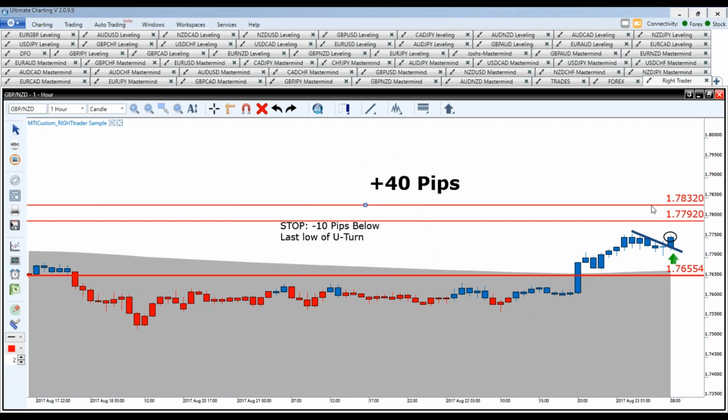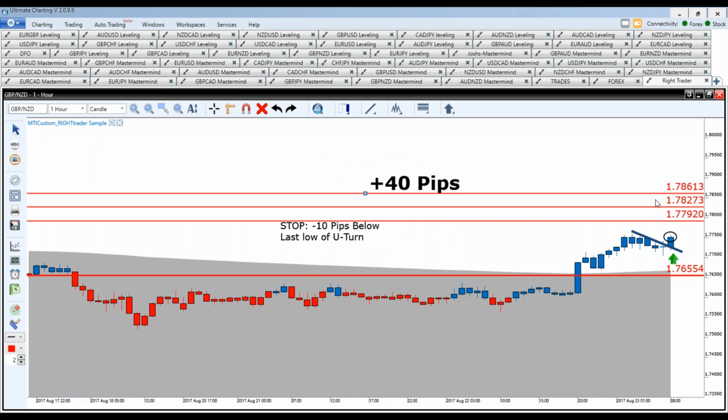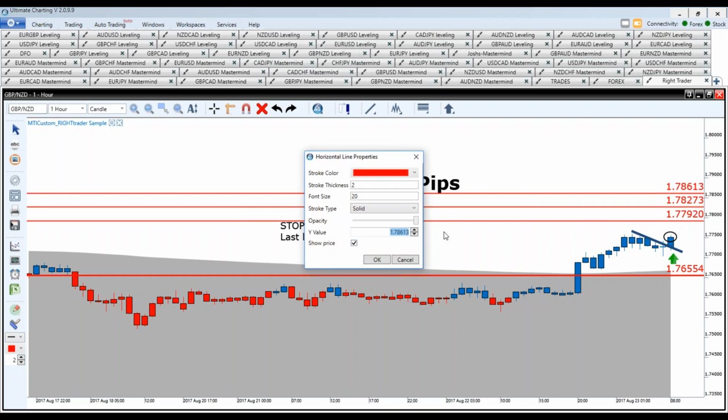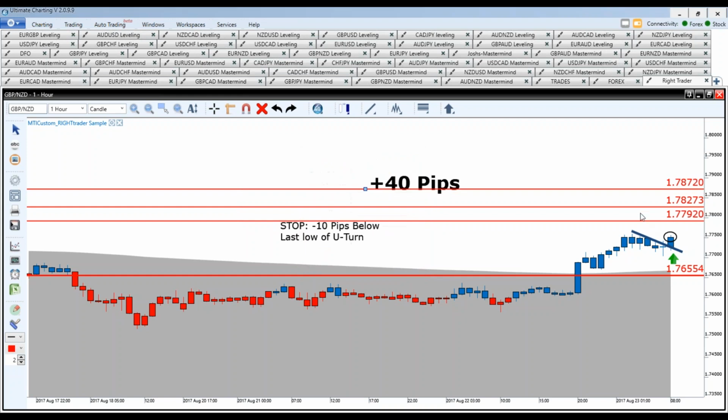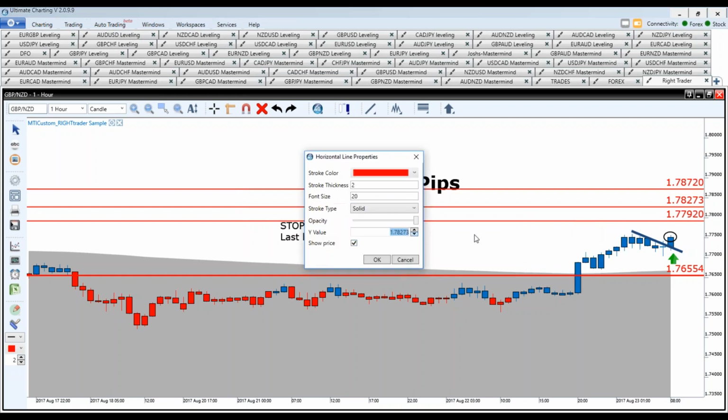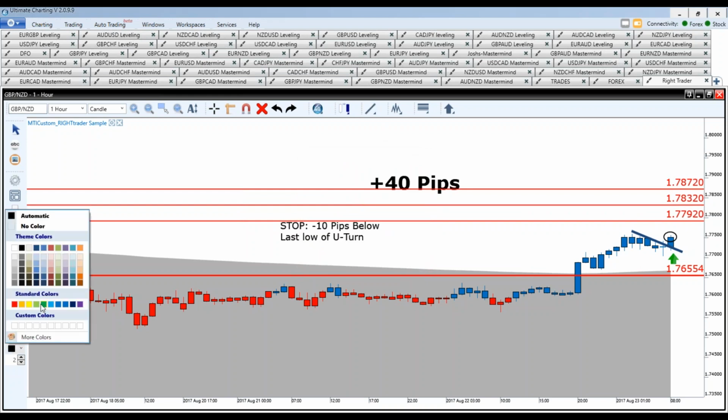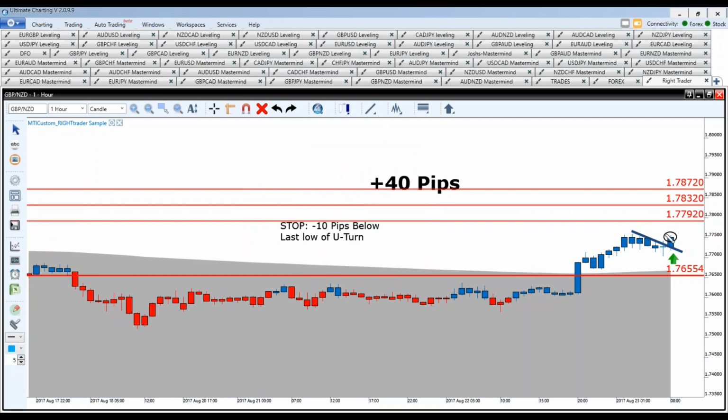And then we're going to do one more time, so we can go 1.7872. I'm going to mark those in blue lines because those are going to be the areas where we can take our profits, we can move our positions. So that's 1, that's 2, that's 3.